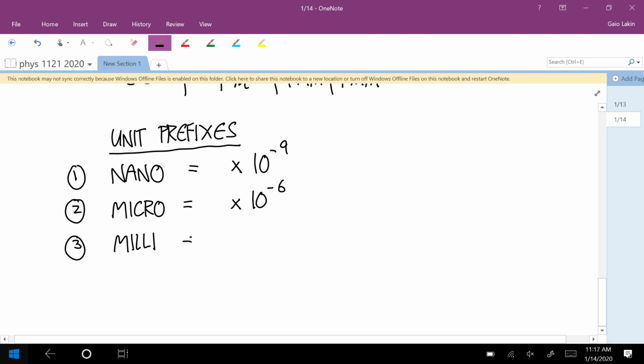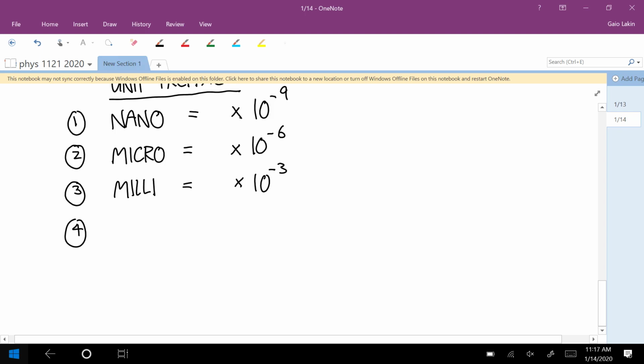Milli means times 10 to the minus 3rd. Centi means times 10 to the minus 2. Kilo means times 10 to the positive 3rd.